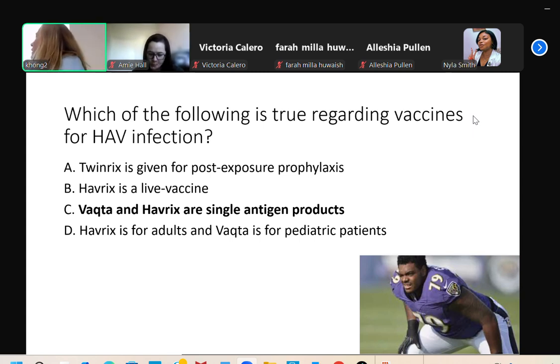What is the product that is age specific? That's the only age specific product that we talk about, that's not even Hep A, but the one that has the vaccine with the age specific product, if you remember, is the Heplisav B. So for Hep B, there's one that's adult only.